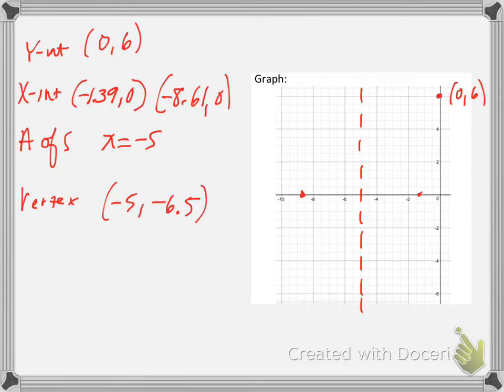So I'm going to plot that point. I have to extend it a tiny bit. It's about there. So now I'm going to sketch my curve. And we are completed with our graph. We're going to be practicing this more in class, but this is an example of graphing quadratics from standard form.